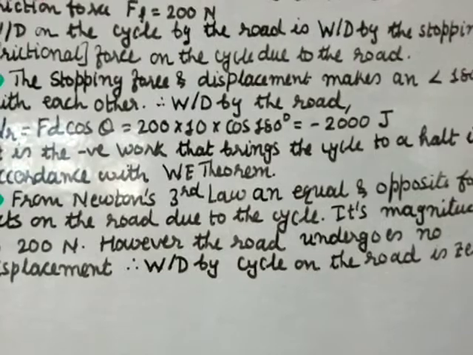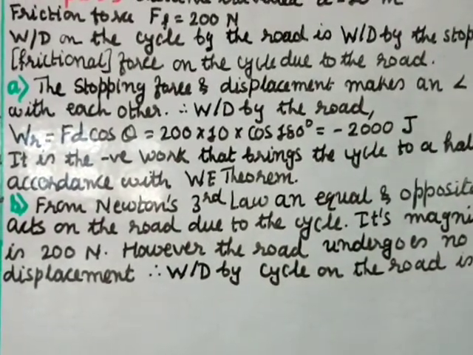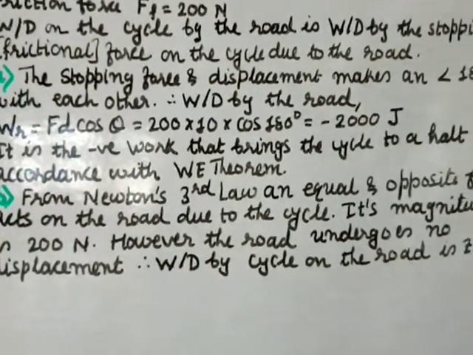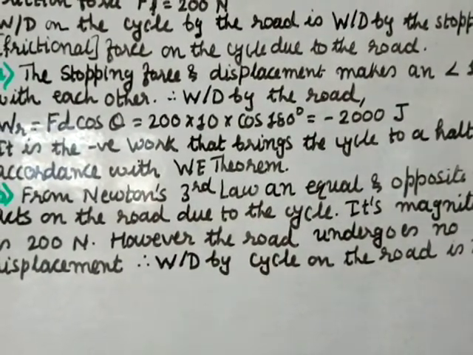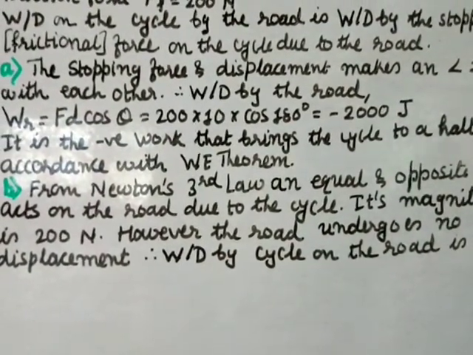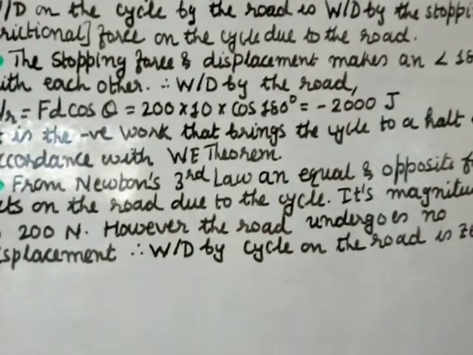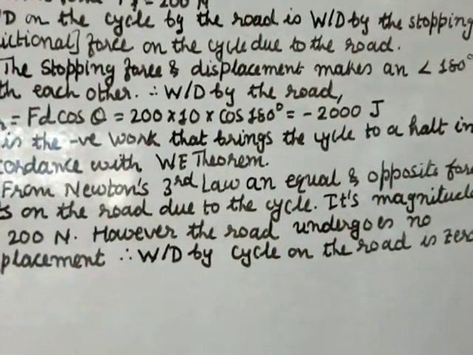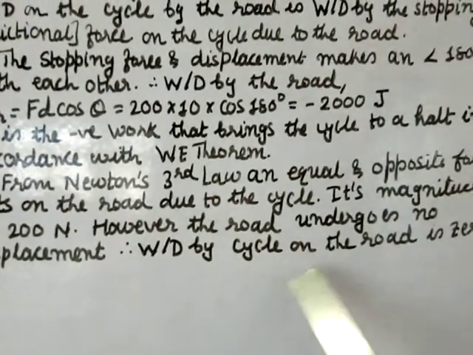The magnitude of the force is the same, 200 Newton, but the road is stationary, it remains steady, so it does not undergo any displacement. Work done is not there because displacement is not there. So the work done by the cycle on the road is 0.